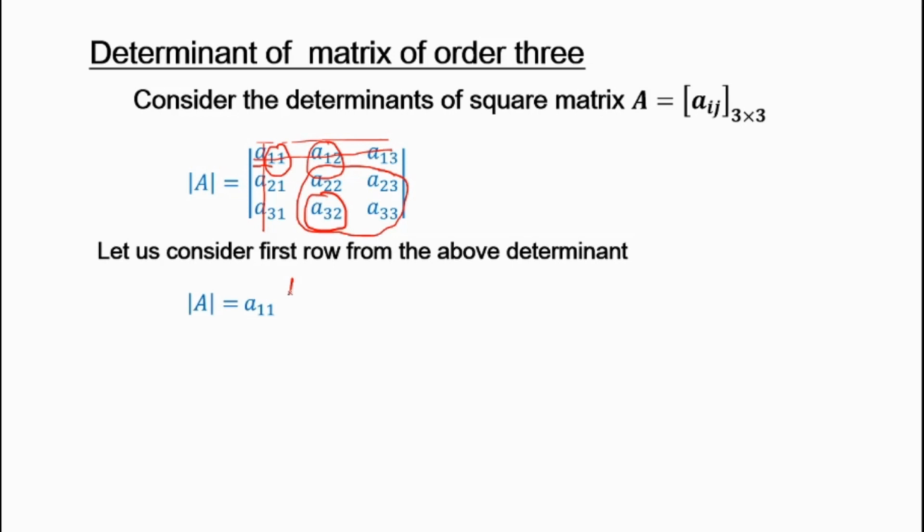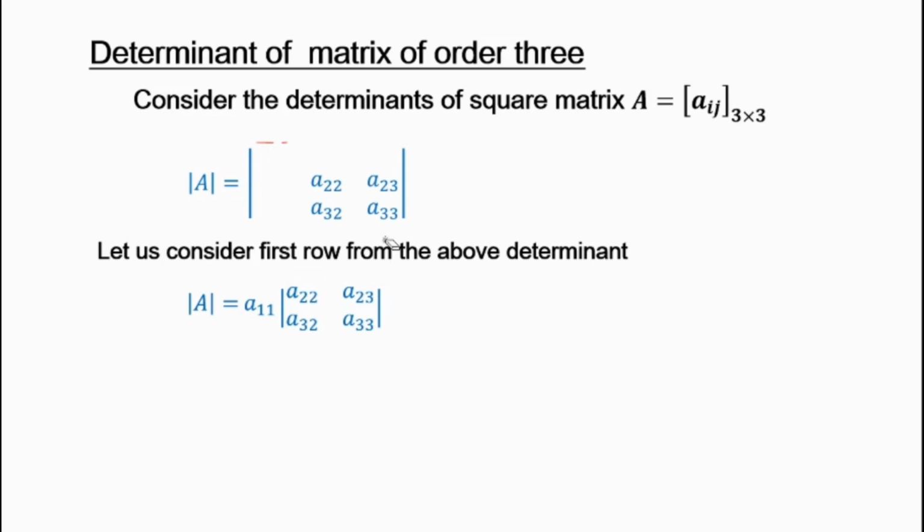That will be the determinant of a22, a23, a32, a33. Similarly, now take the second element of the first row, that is a12, with a minus sign. That is minus a12. a12 lies in the first row and the second column.